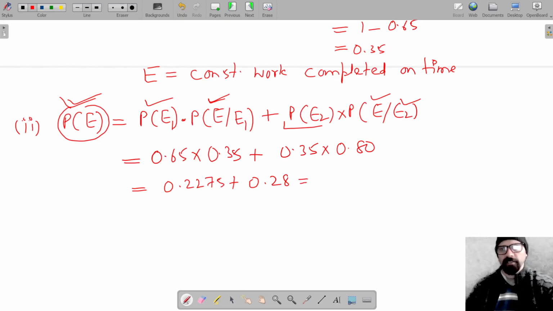So we have to add 0.2275 and 0.28, which gives me 0.5075. If we round it to two decimal places, this will be 0.51.